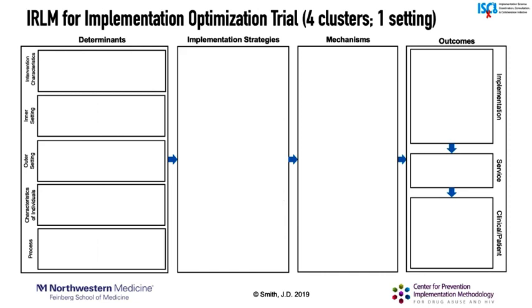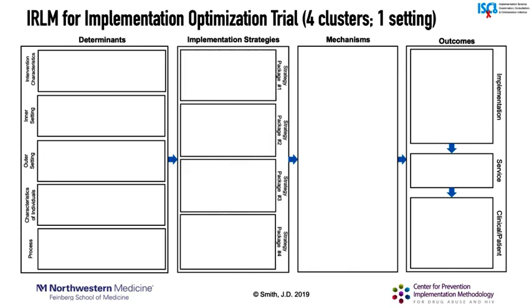We also have an IRLM for what we call implementation optimization trials. There will be a forthcoming paper about this kind of trial design, the implementation optimization trial. But the idea here is that you may have successive packages or conditions of different implementation strategies that you're then comparing and trying to optimize and continually improve or figure out the best combination of discrete strategies.